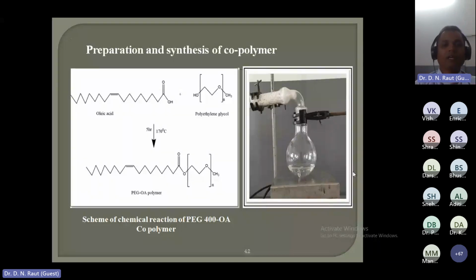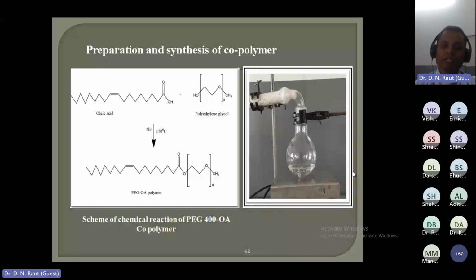Normally we can attach this oleic acid to one of the most used polymers, that is polyethylene glycol. PEG has different grades, from lower grade PEG to higher molecular weight PEG, like 400, 700, 1000, 2000, 3000, 5000.